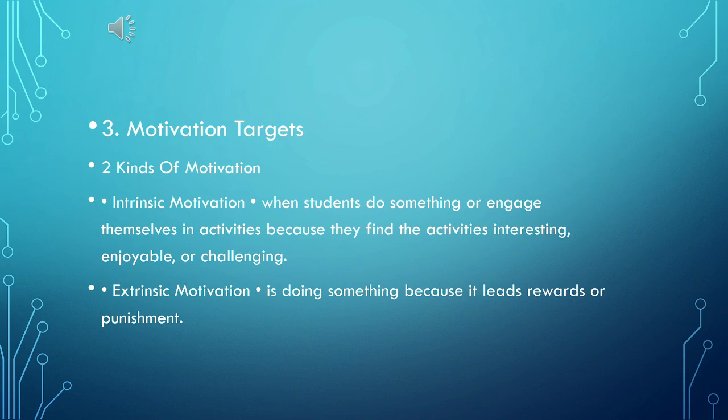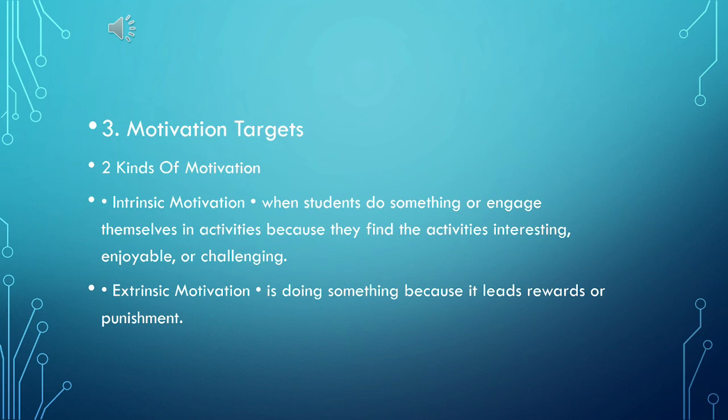Number one is intrinsic motivation. It is when students do something or engage themselves in activities because they find the activities interesting, enjoyable, or challenging. For example, a student wants to join a public speaking competition or a spelling bee because they are interested in it, and they find it enjoyable and challenging.